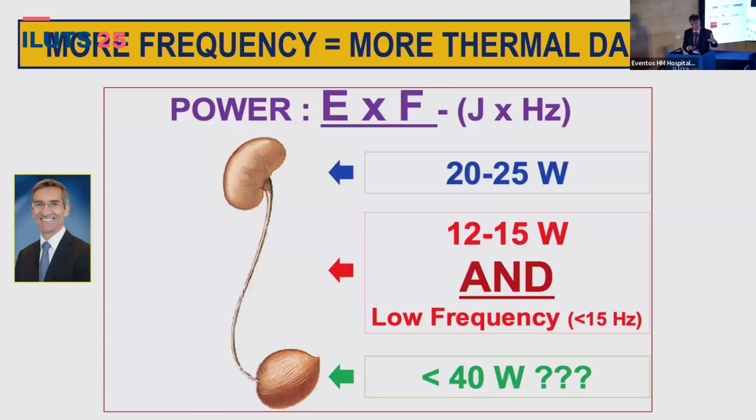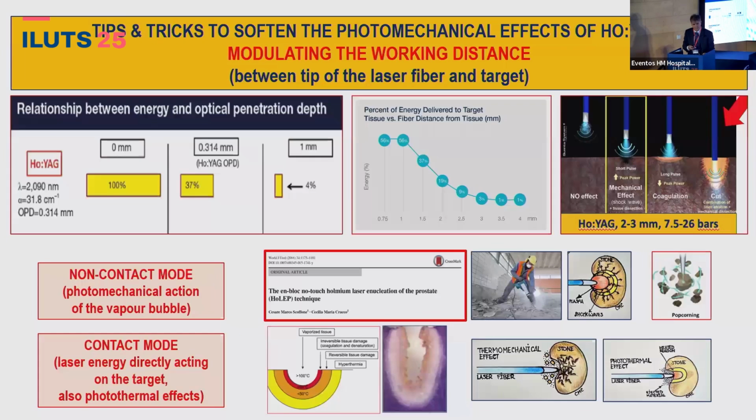So I underline what Olivier told before, that the right frequency is between 12 and 15, also to allow you to follow in your fragmentation, in your dusting, because you maintain this snowstorm effect at the level that allows you to follow in your dusting.